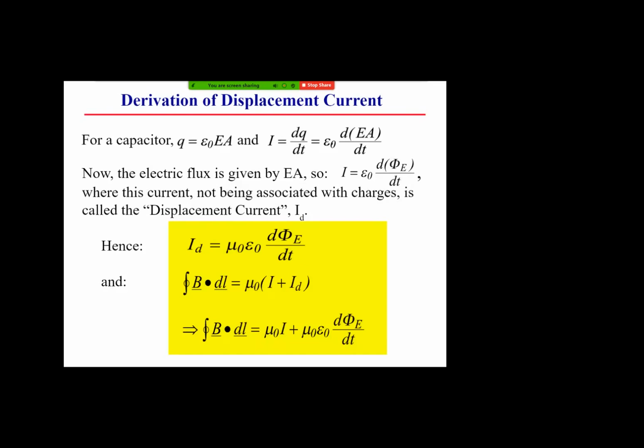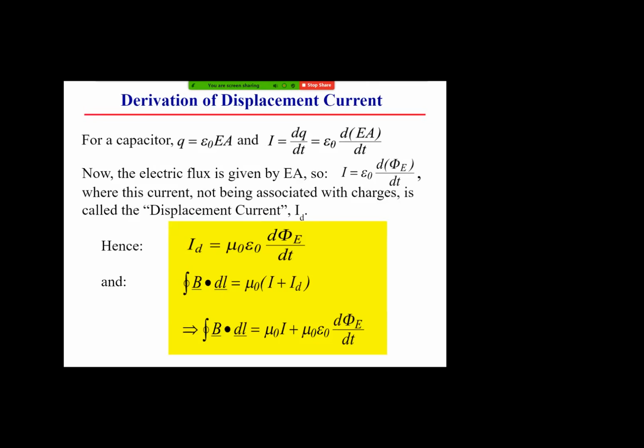So this is the electric flux d/dt, which means changing electric flux. So again, this is what the displacement current is equal to: I_d is equal to mu naught epsilon naught d phi over dt.